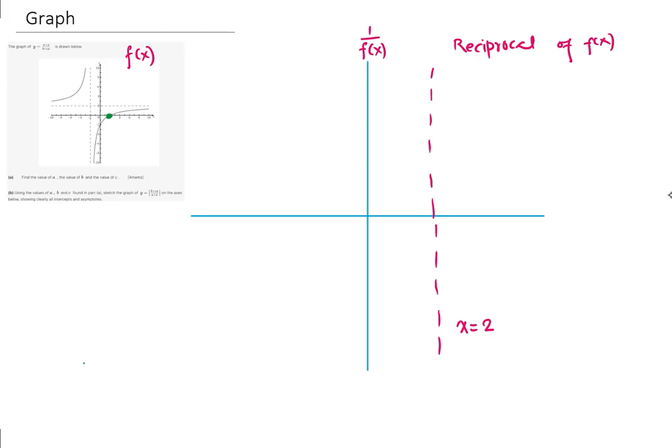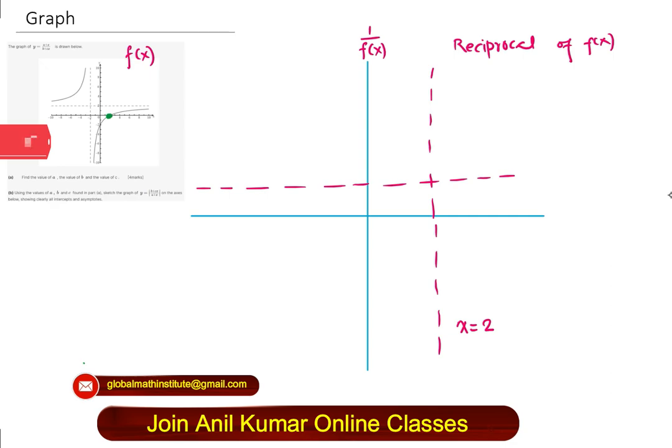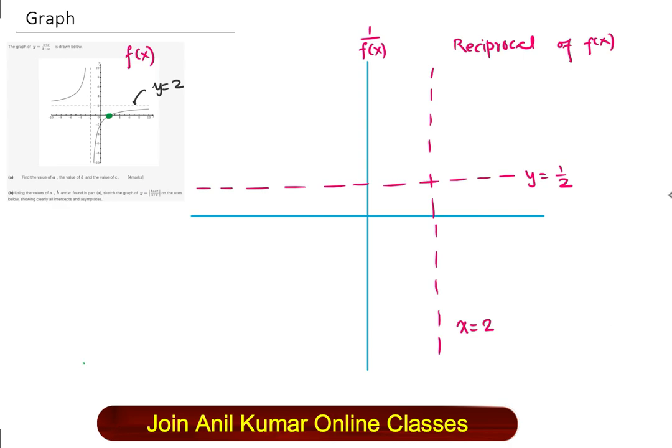The horizontal asymptote, which was at 2, now becomes at half. Reciprocal of 2, right? Let's write down the value here. This was y equals 2. 1 over 2, right? Do you see that?